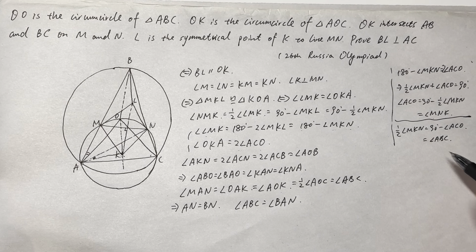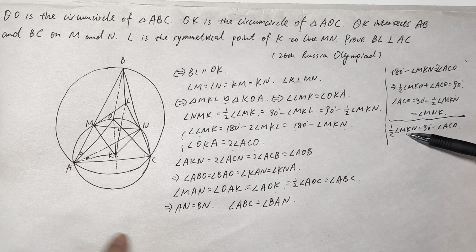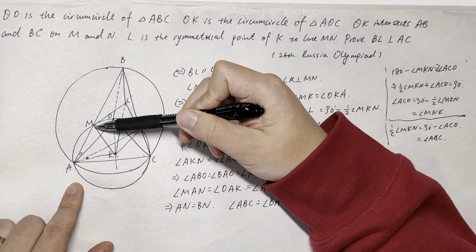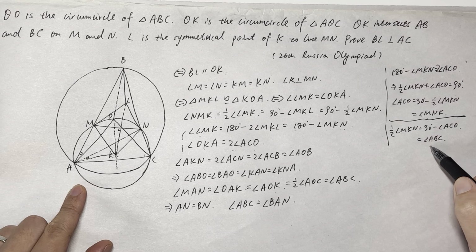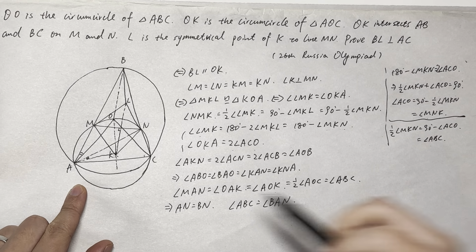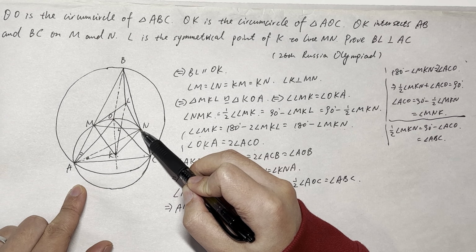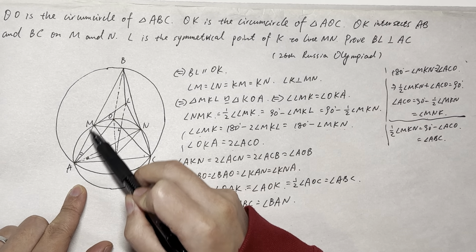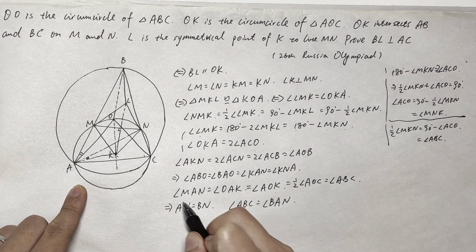And do you remember what we are looking for? We want to prove that half of angle MKN equals angle ABC, right? Half of angle MKN can be written as angle MAN. So we just proved it, right?